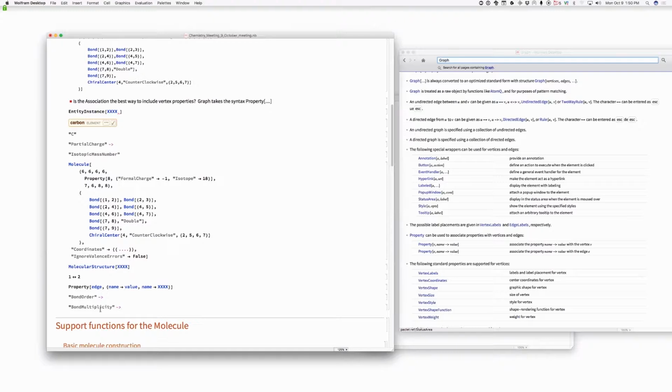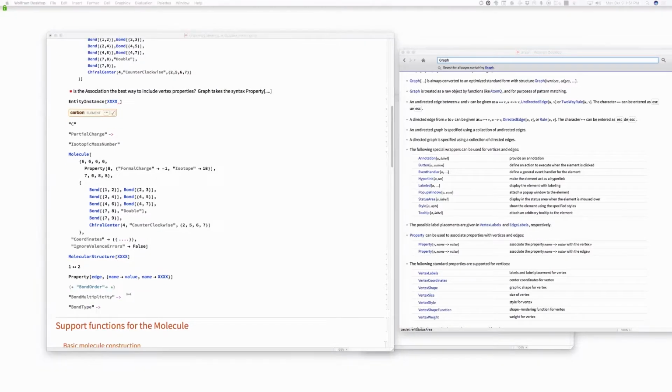That sounds much better to me than bond order, especially when we use order to mean the order in which things occur in a list, which we do all over the place. So I would go for bond type instead of bond multiplicity, because it's more forgiving and we can abuse it more.